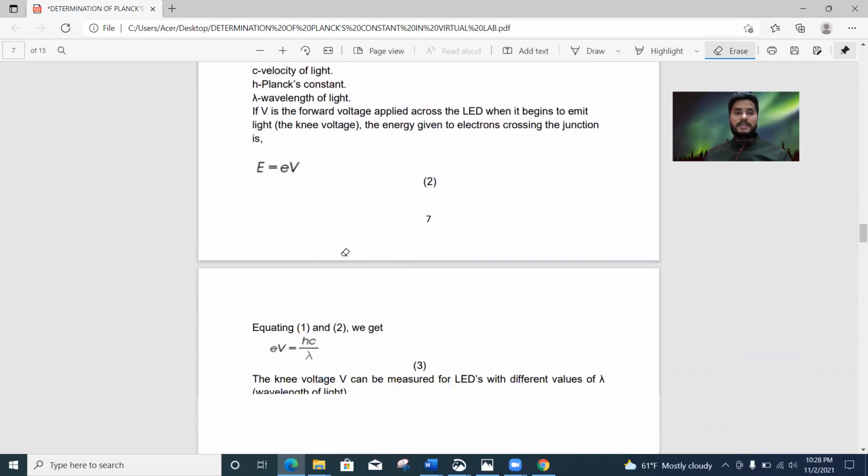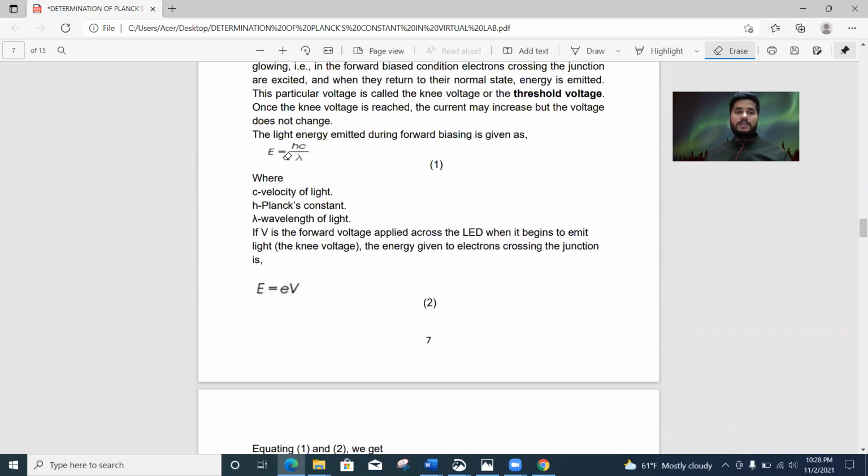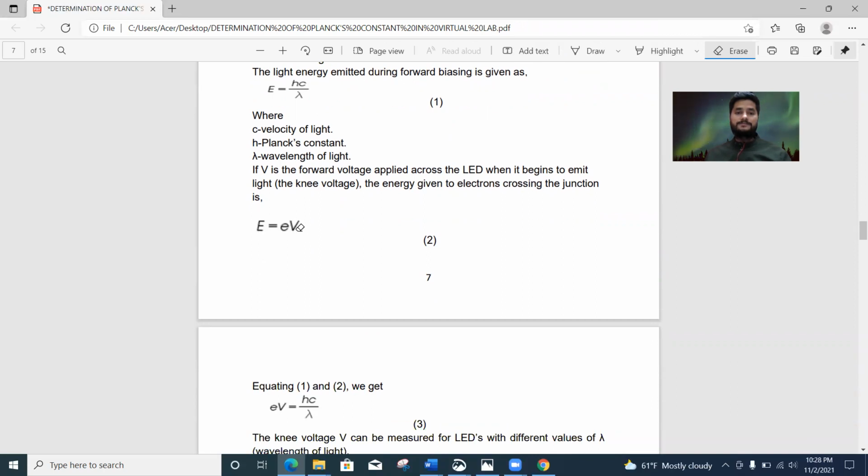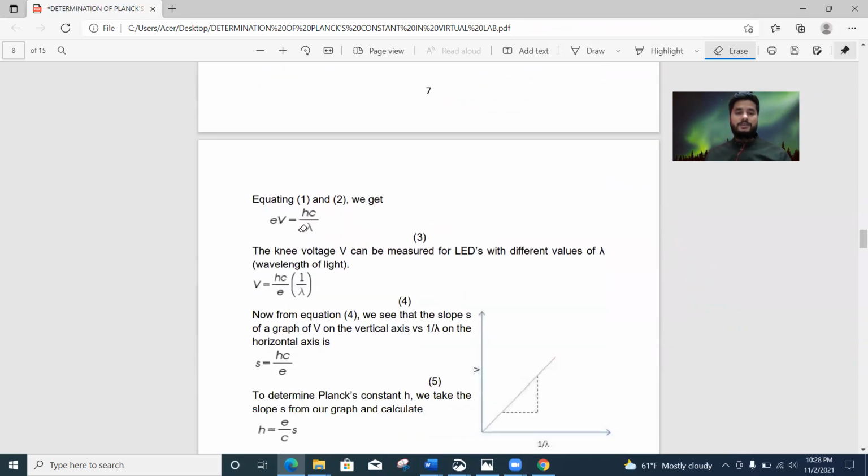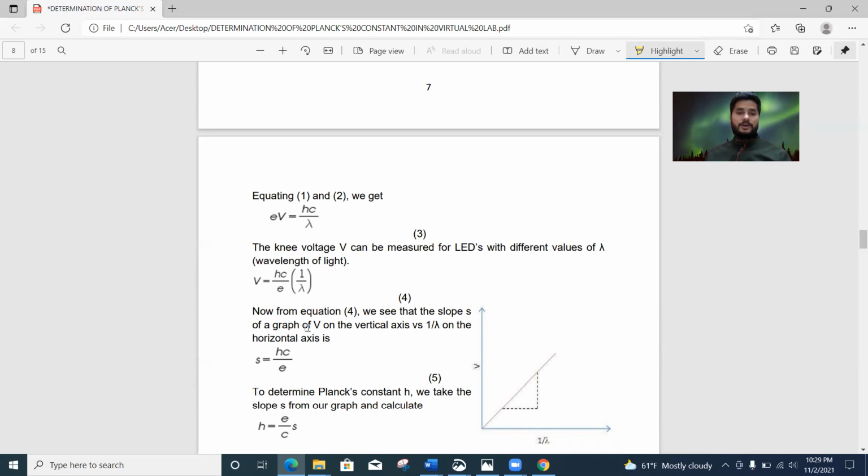This is our second equation, E = eV. Equating the first and second, E = hc/λ and E = eV, where e is the electron charge and V the voltage, we get eV = hc/λ. After dividing by e on both sides, we get the final equation. This is equation number 4, our third equation.